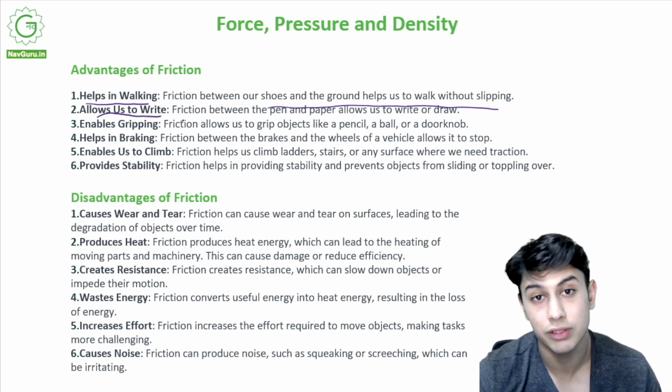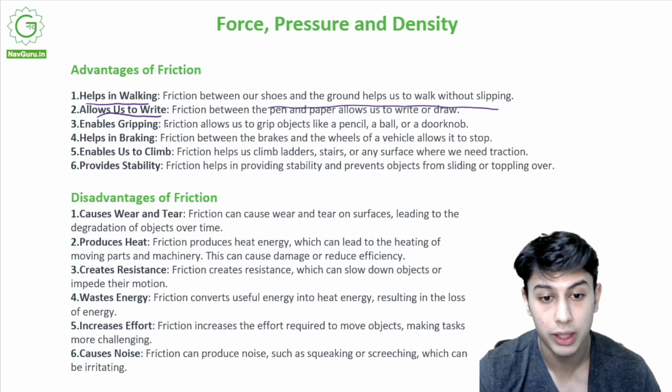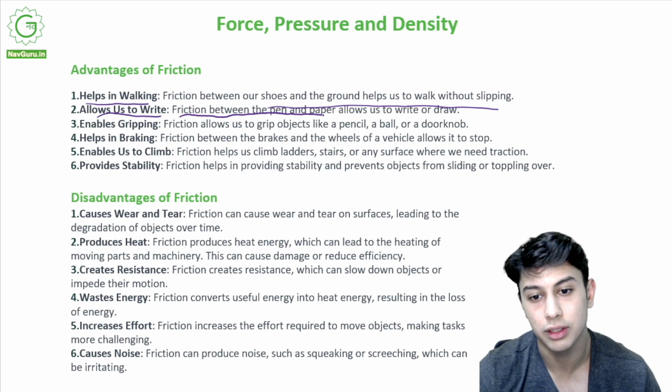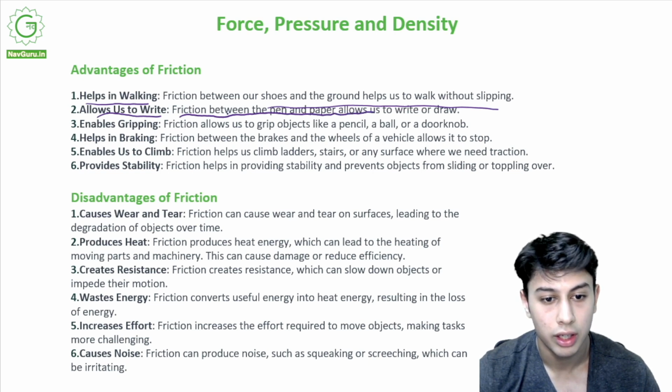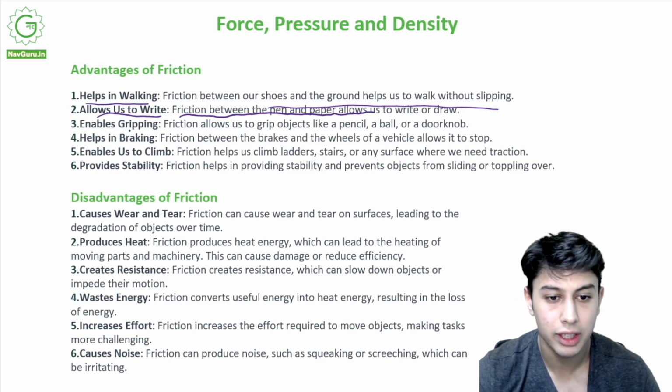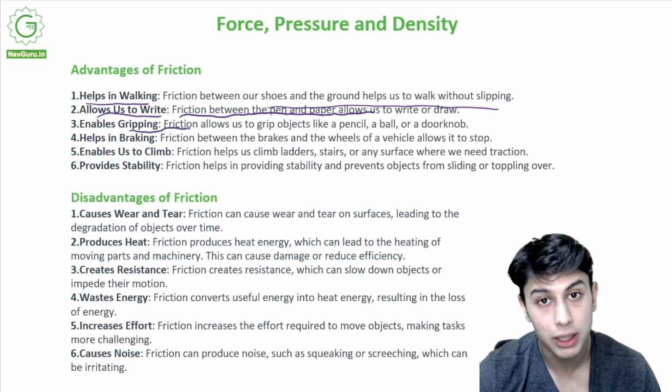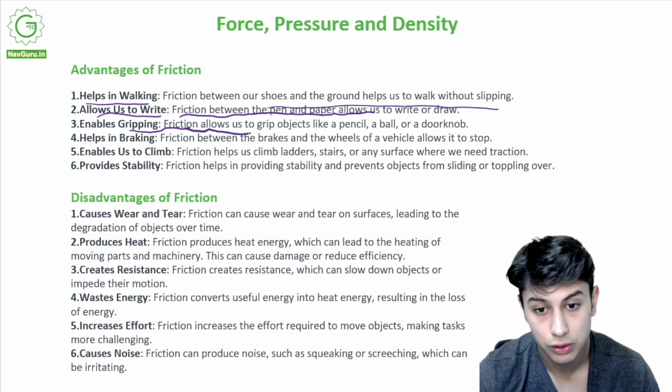I'm writing because of friction, because the pen is able to glide over the surface. It helps us in gripping. Have you ever gripped a bar, a pull-up bar? You won't be able to grip anything if there was no friction. You won't be able to pull yourself up because there is no friction.